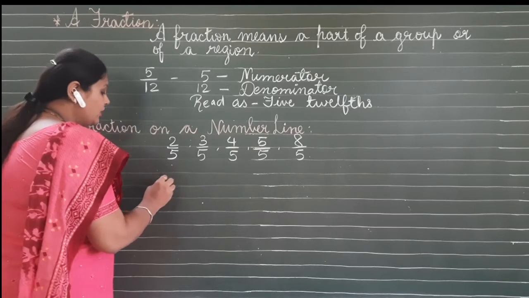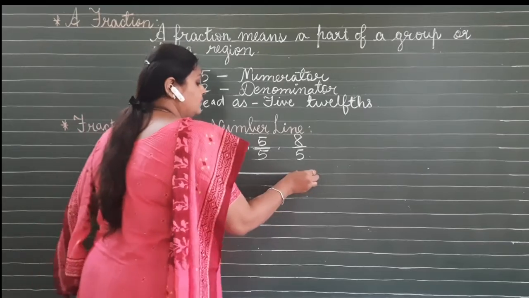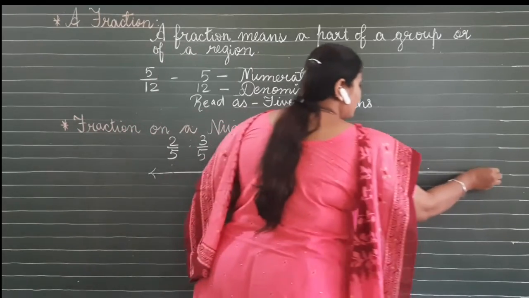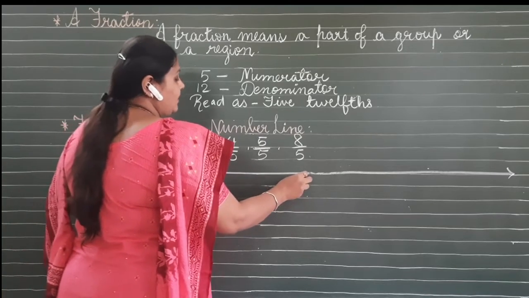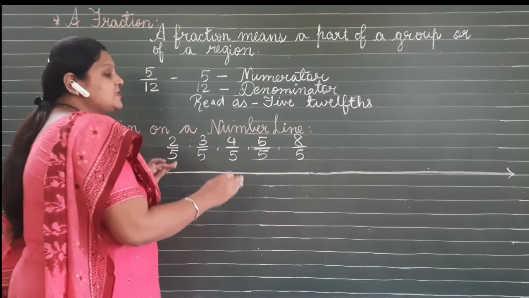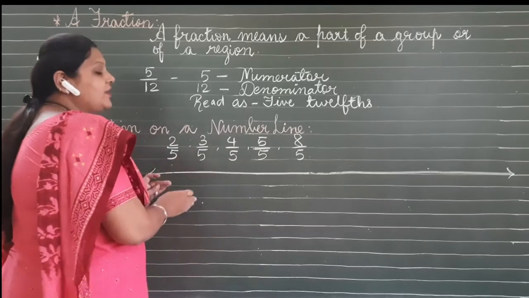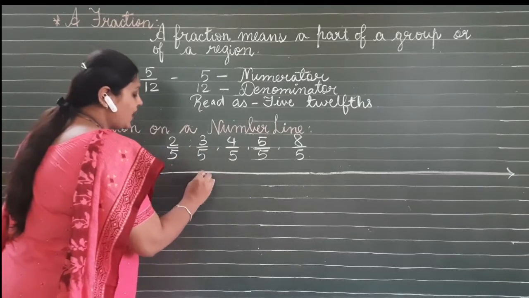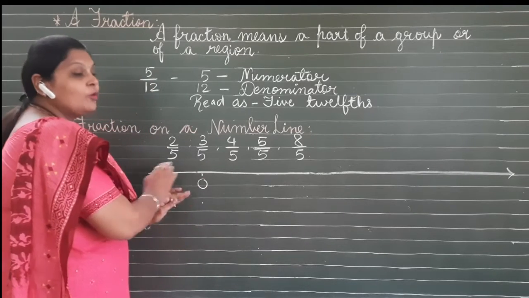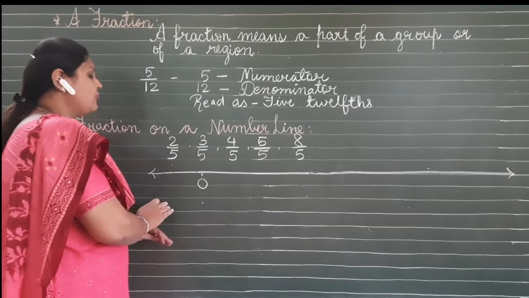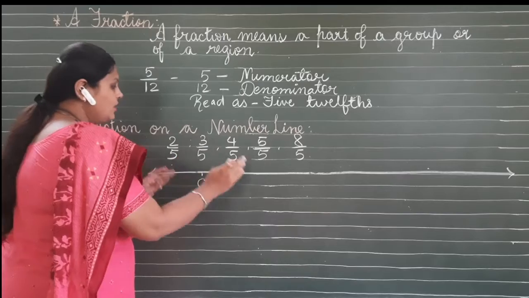Now, we know that all the fractions are given, so we will draw one number line. On the number line, we always have positive on the right side, negative on the left side. Given fractions are positive, so we are starting with 0. On the other side of 0, we represent negative numbers. So now we are representing fractions on a number line.